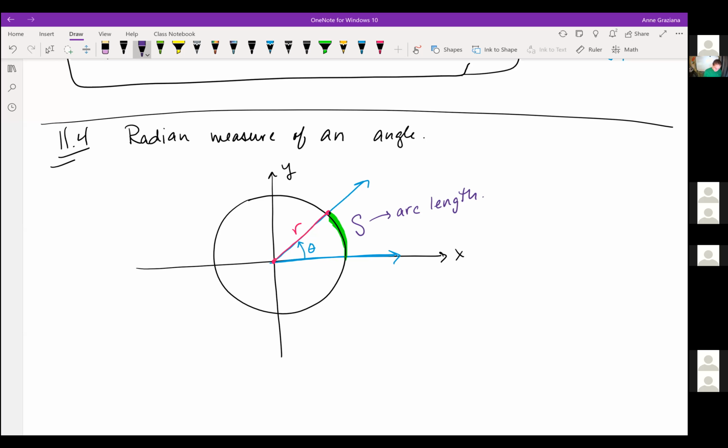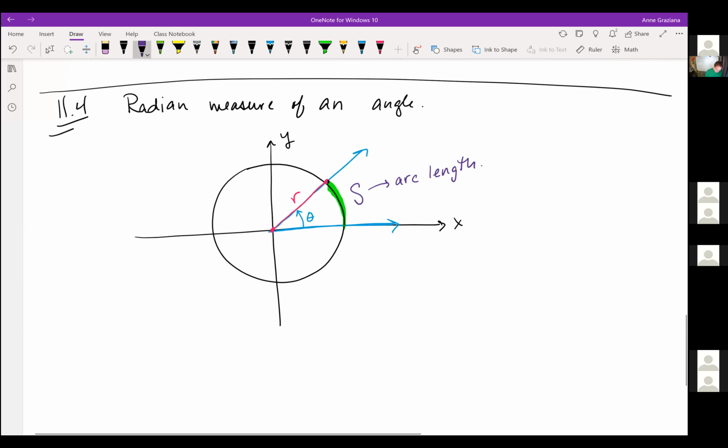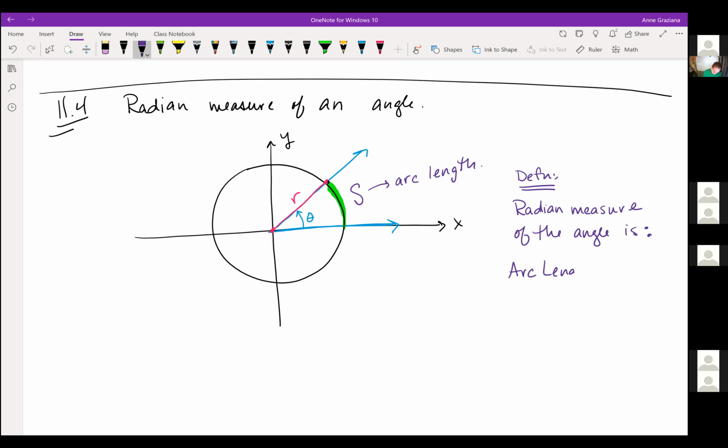So here's a definition. The radian measure of the angle is the arc length over the radius.